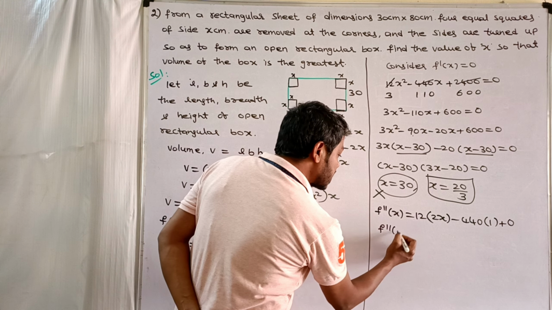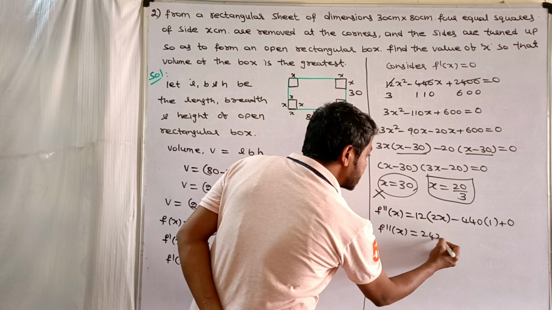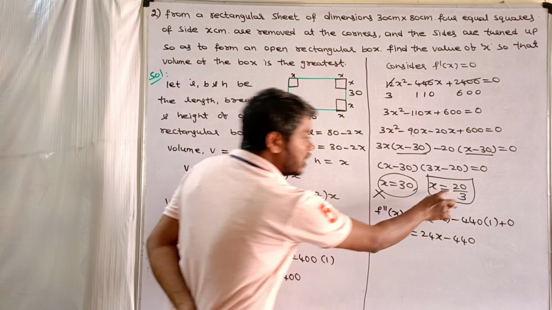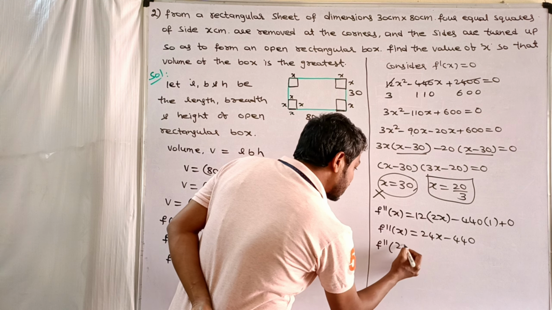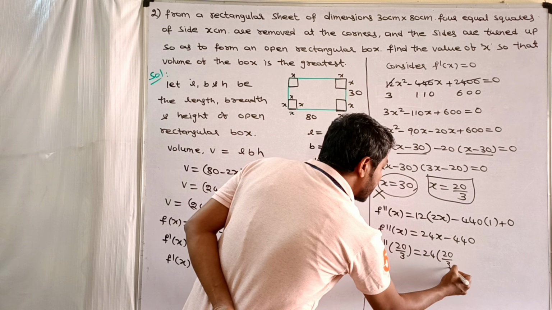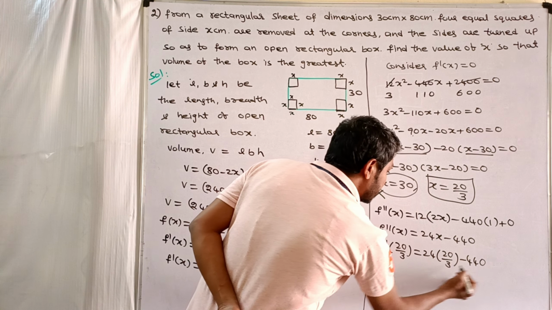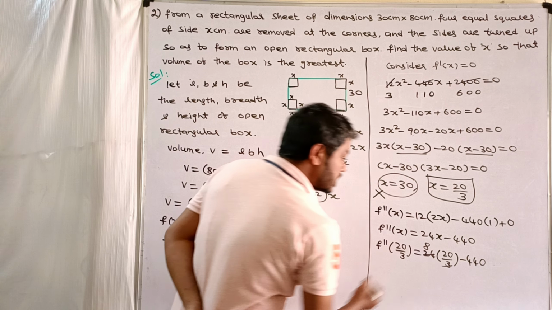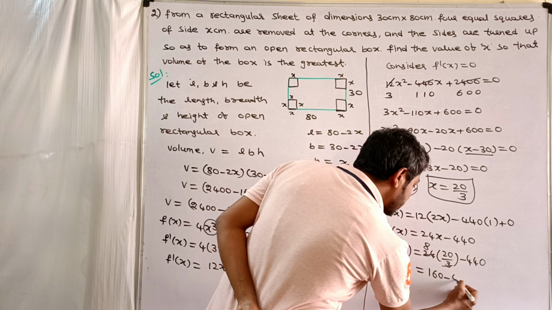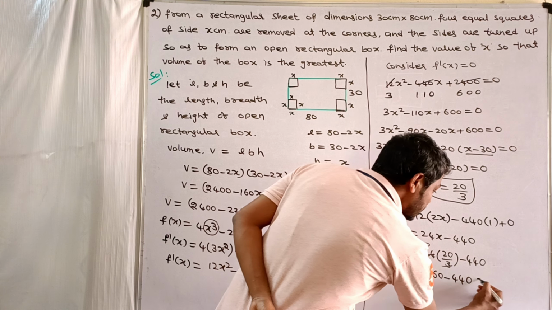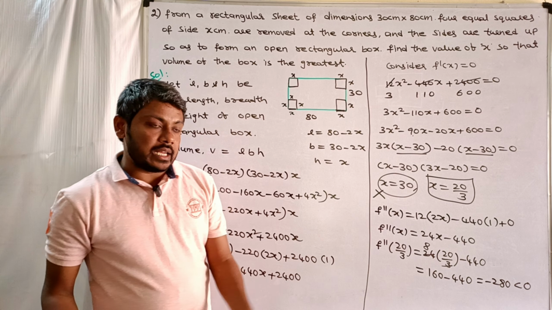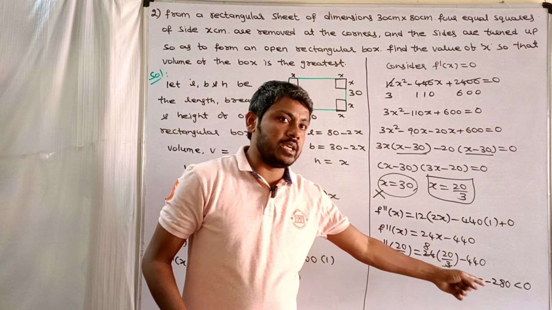Clearly, f double dash of x is 24x minus 440. What is the x value? 20 by 3. f double dash of 20 by 3 is equal to 24 into 20 by 3 minus 440. 3 ones are 3, 3 eights are 24, so 8 into 20 is 160, minus 440, which is minus 280. Negative.